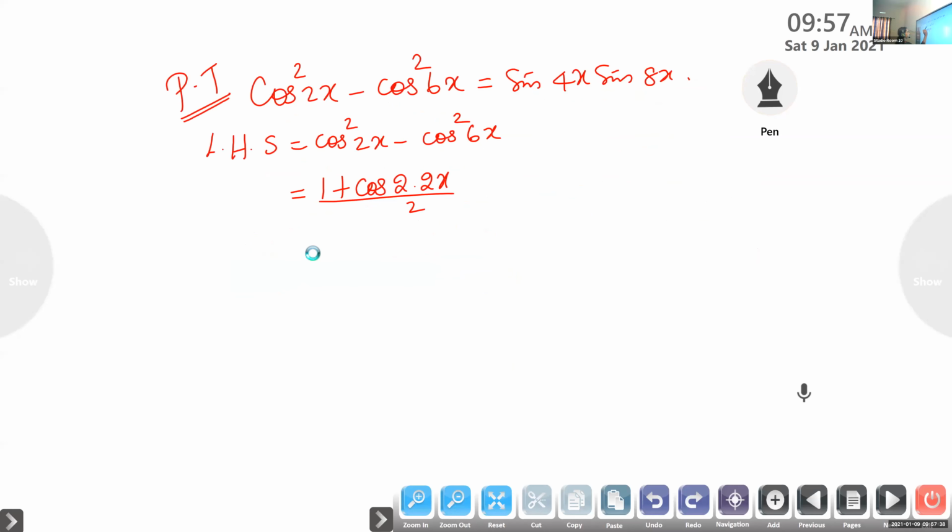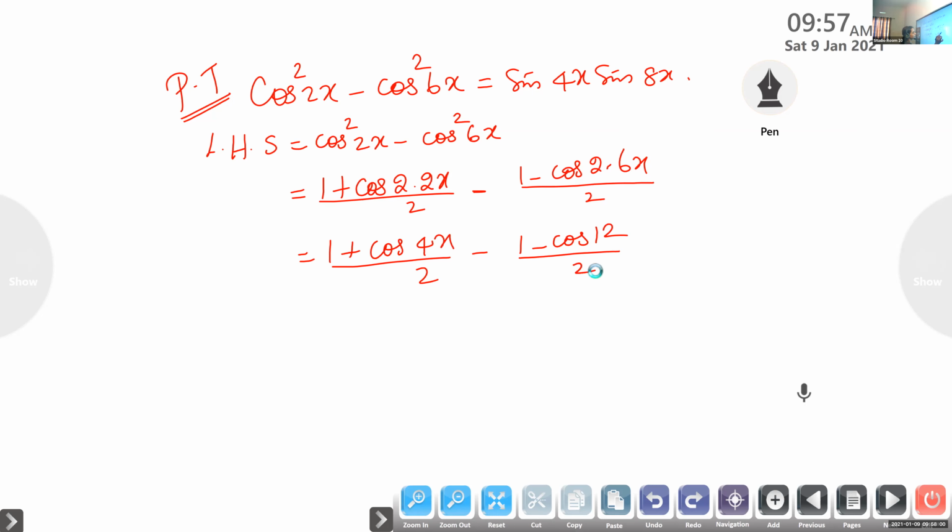So, for cos square 2x, we can write this as 1 plus cos 2 into 2x by 2, minus 1 minus cos 2 into 6x by 2. So it will be the same as 1 plus cos 4x by 2 minus 1 minus cos 12x by 2.